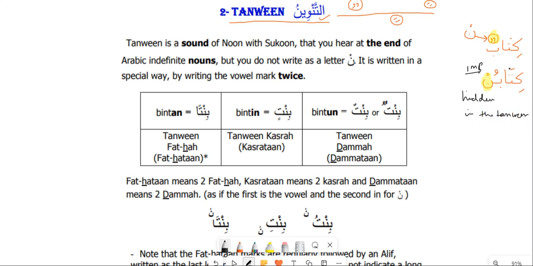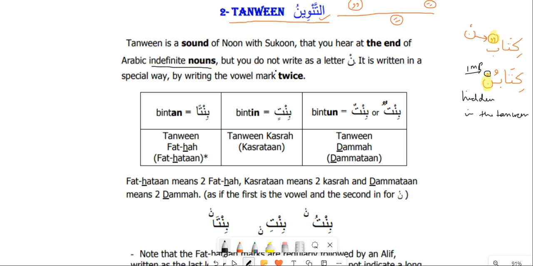When you say kitabun, there is a noon sound. When you say kitabin, there is a noon sound. And when you say kitaban, there is a noon sound in it. So with a sukun, remember it's with a sukun. Tanween is a sound of noon with sukun that you hear at the end of an Arabic indefinite noun.